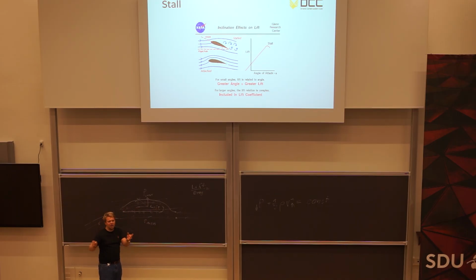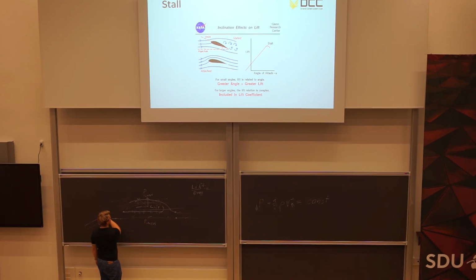Turbulent flow is chaotic. You don't know where it's gonna go. It's like all kinds of crazy movement. Now, if you increase the angle of attack, some of the molecules are not able to be sucked onto the surface anymore.